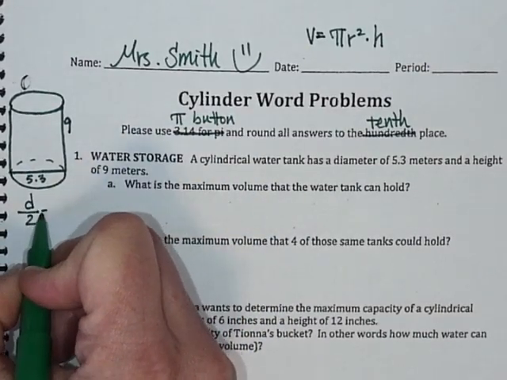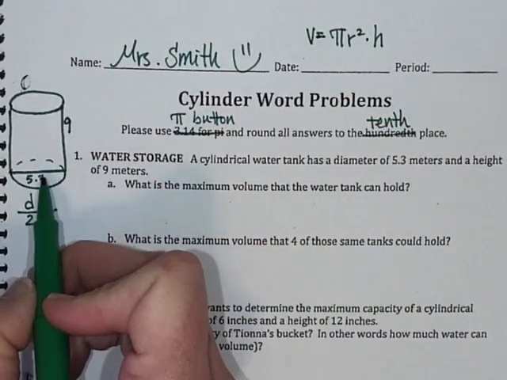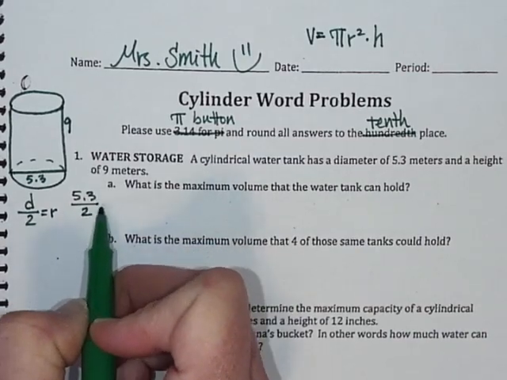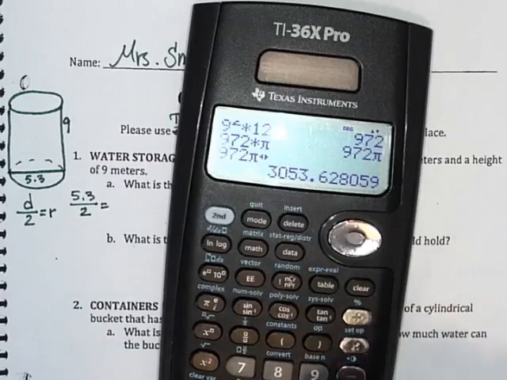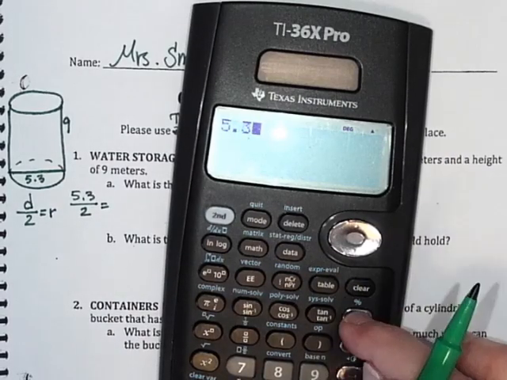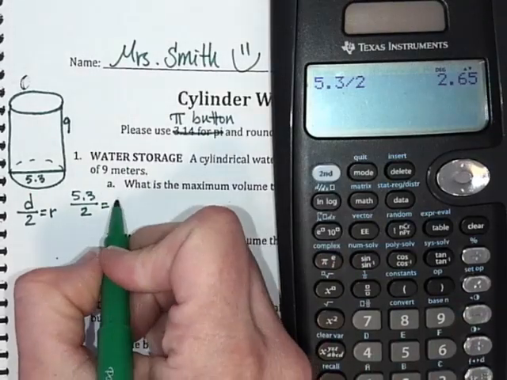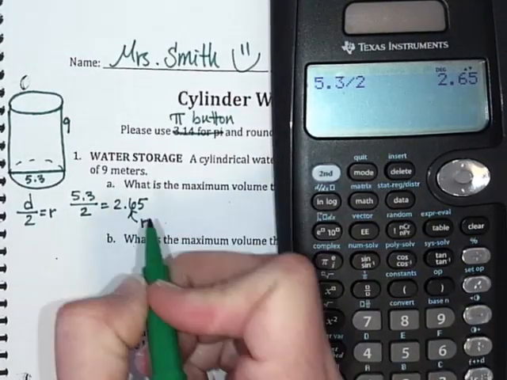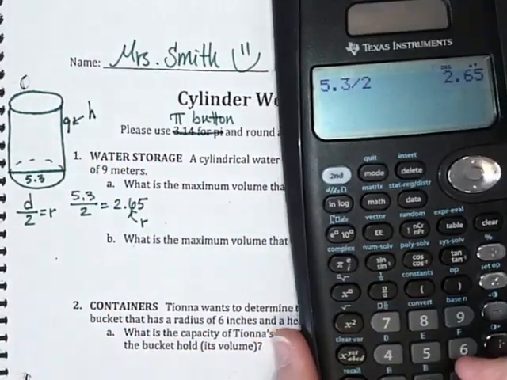So we're going to take that 5.3 and divide it by 2, and then we'll know our r. 5.3 divided by 2, that's a good one for the calculator. 5.3 divided by 2, 2.65. Okay, so that is going to be r. And 9 will be our height, or h.